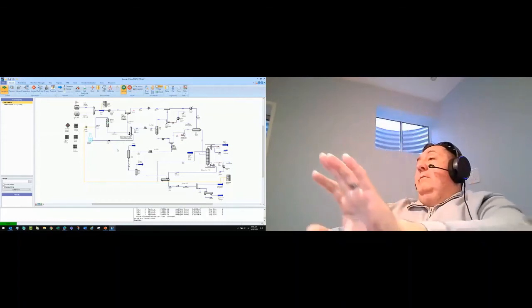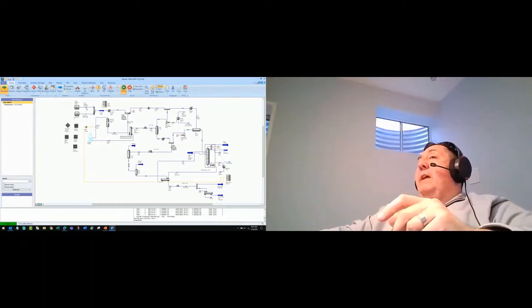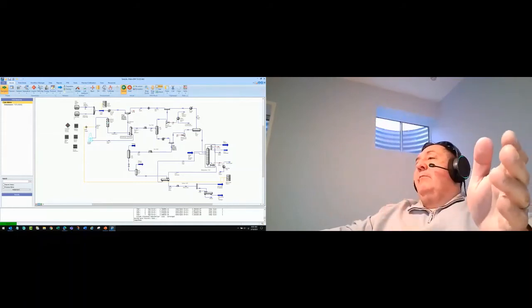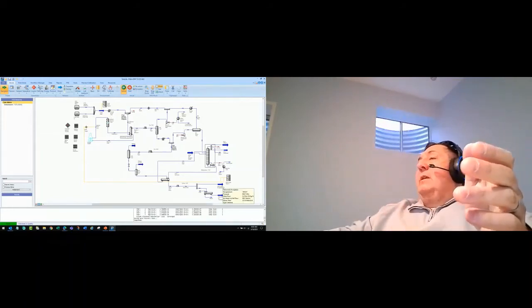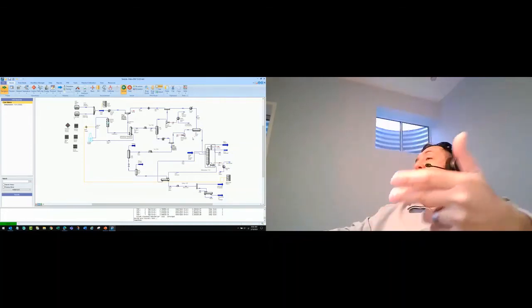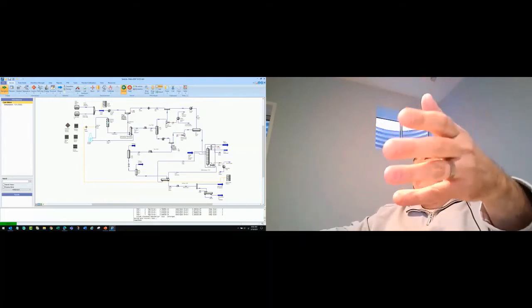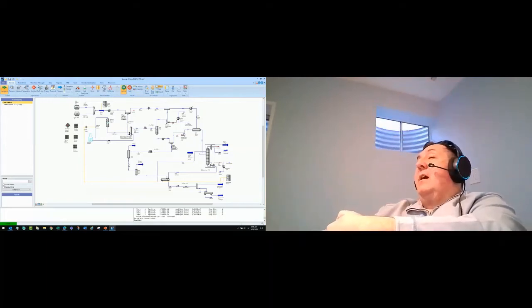Now it's possible to make a dynamic model so that you can say, okay, well, if I change my feed rate, what's going to be the time evolution of this system, right? If I change my feed rate, my output is not going to change instantly. It's going to take seconds or minutes or hours for the material to go through all of this equipment. And you can basically make a dynamic simulation that tells you how the system behaves with respect to time.